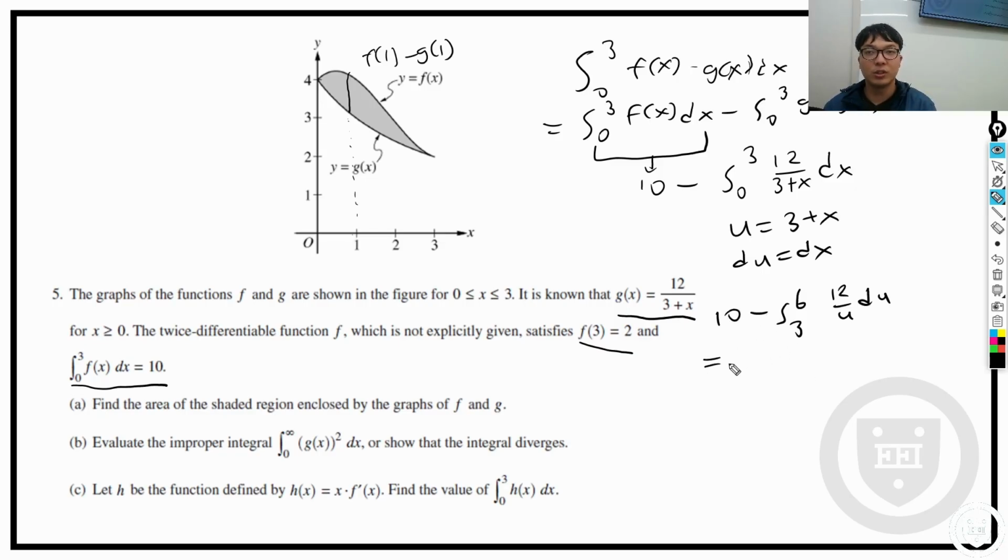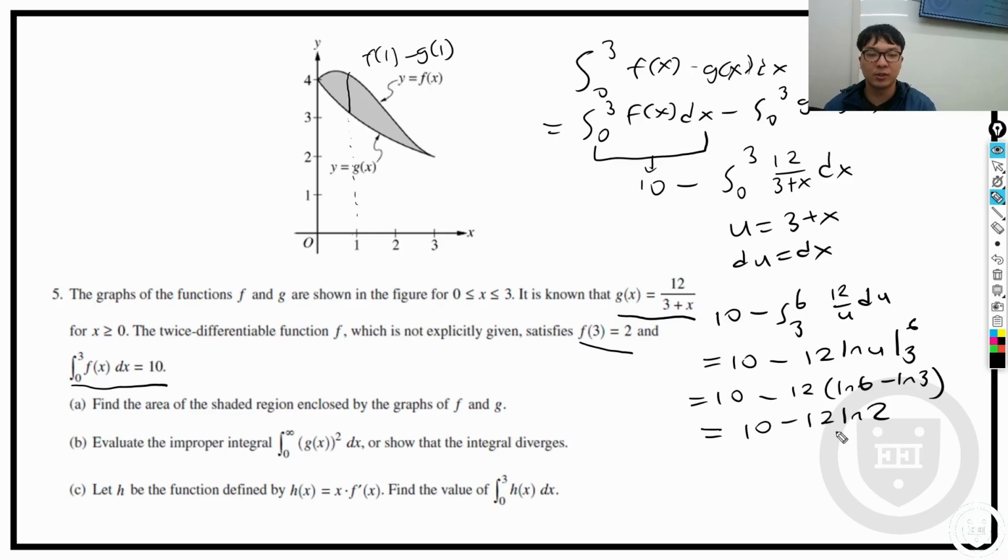This is equal to 10 minus 12 times the natural log of u from 3 to 6. This is equal to 10 minus 12 times the natural log of 6 minus the natural log of 3, which is equal to 10 minus 12 times the natural log of 2, which is our answer to part A.